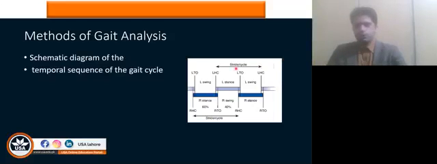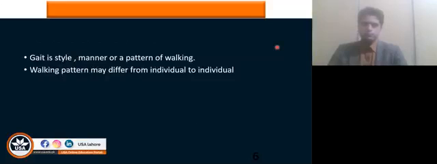Talking about this particular pattern of gait and its important characteristics, we will now understand it with the lecture moving forward. Now, as it is written here, gait is basically a style, a manner or pattern of walking. From individual to individual, this pattern may vary.